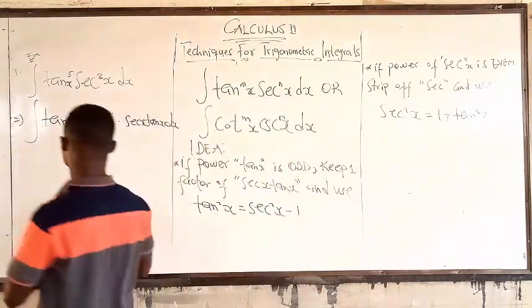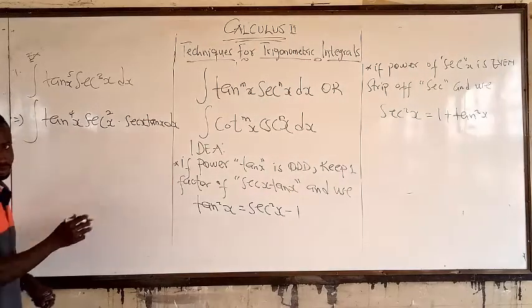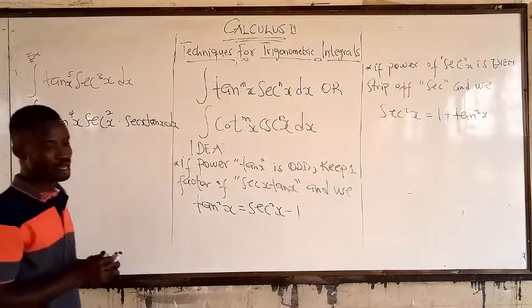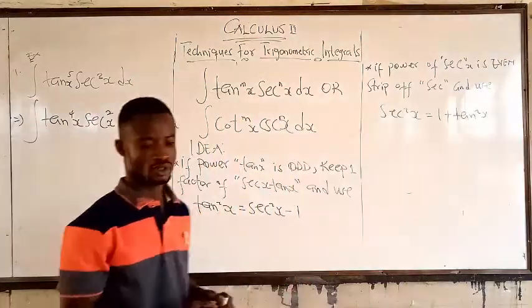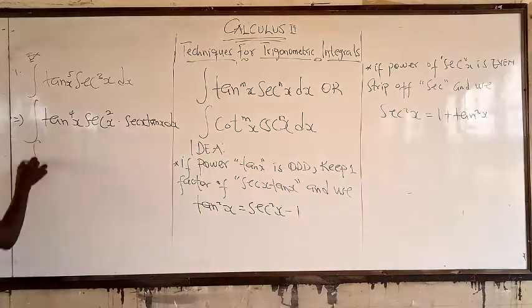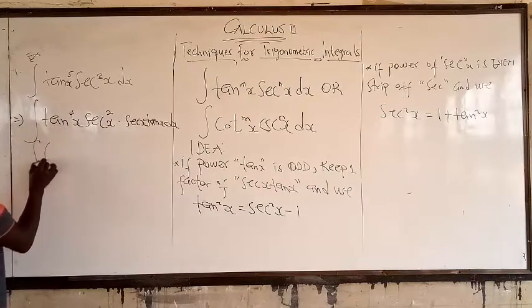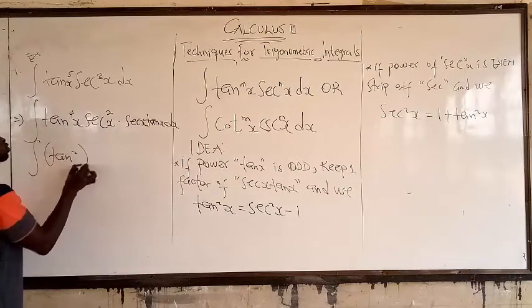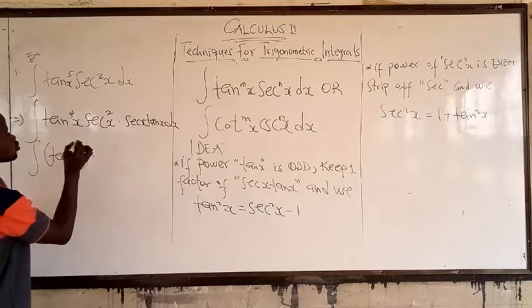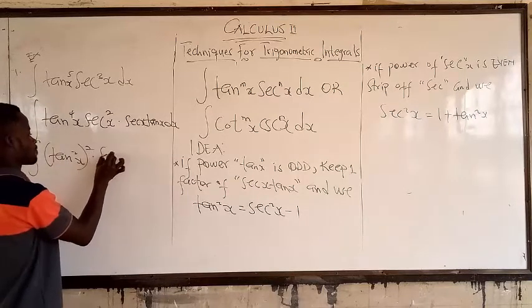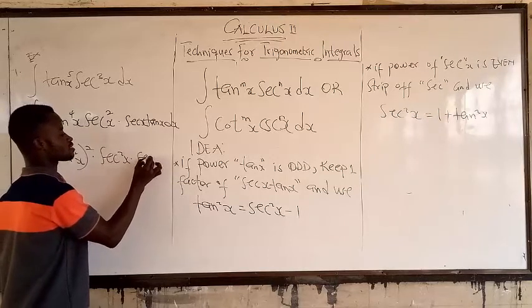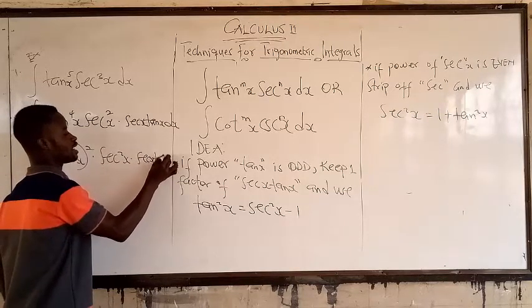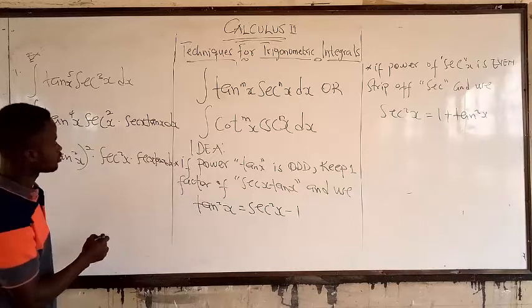So when we come to this part, we know that this is the same as tan squared x raised to the power 2, here is sec squared x, and here is sec x tan x dx.